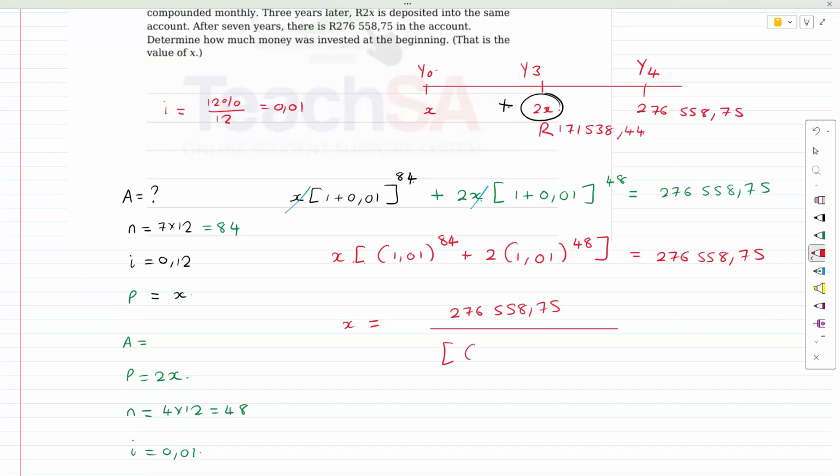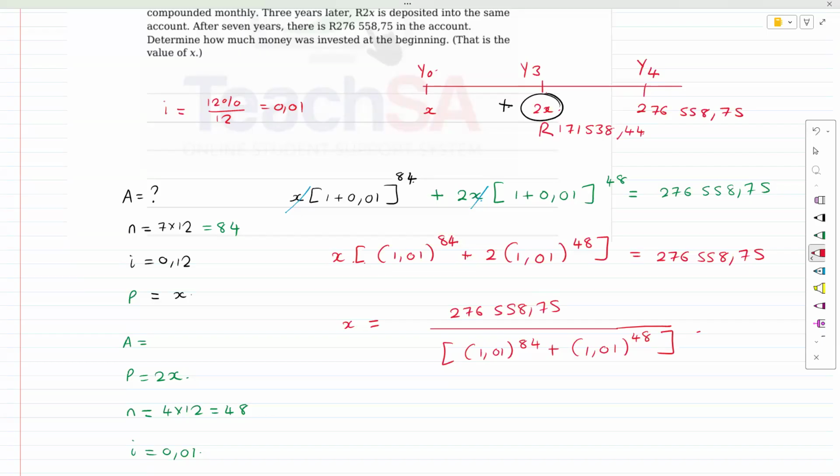The reason is I tried to simplify, but I'm ending up with really faulty answers in scientific notation, times 10 to the something. So this is 276,558.75 all over. Let's see if I got it right.